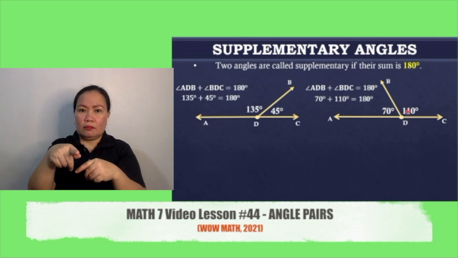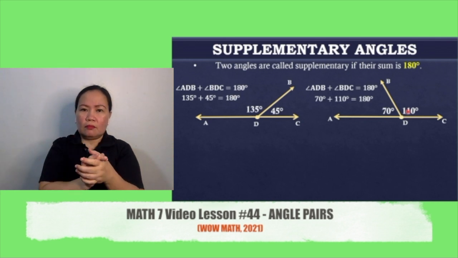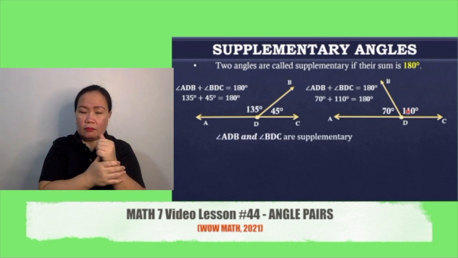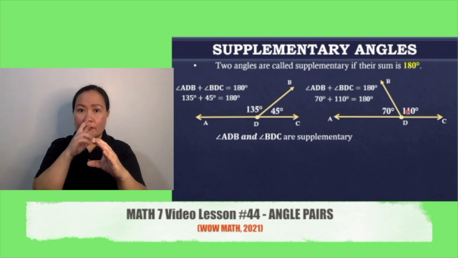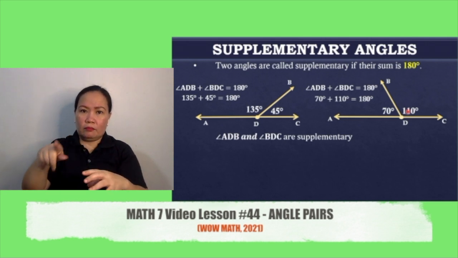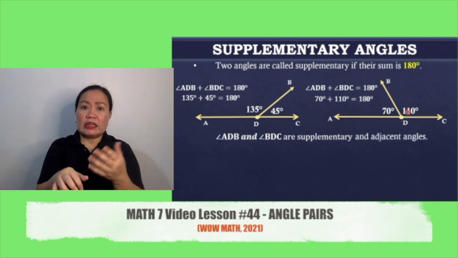Ganun lang po siya kadali. Kapag 180 ang sum nila, supplementary angles yun. Therefore, we can say that angle ADB and angle BDC are supplementary angles and, i-relate natin yung previous concept natin kanina, they are also adjacent angles.